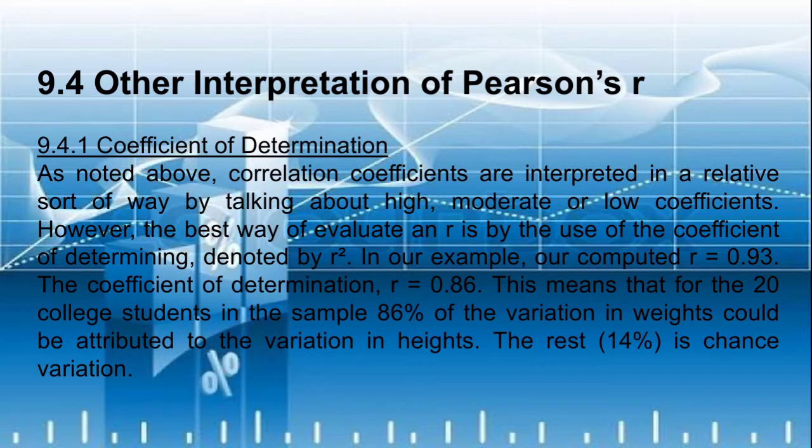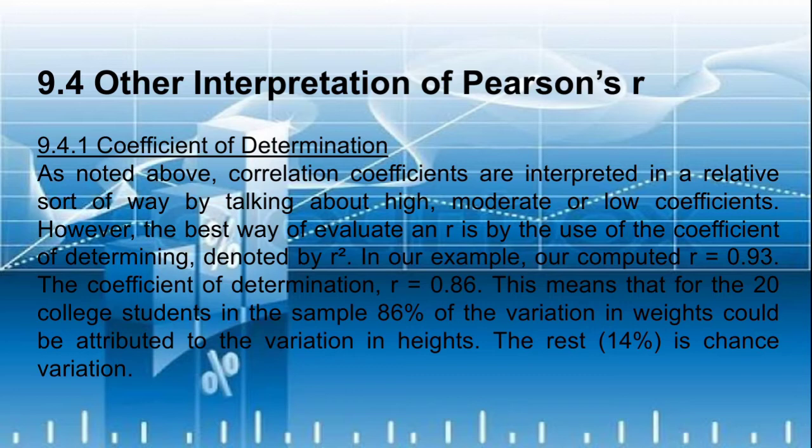This means that as the height increases, the weight also increases, and vice versa. Next, the other interpretation of Pearson's R: the coefficient of determination. The coefficient of determination, R squared, measures how well a statistical model predicts an outcome. The outcome is represented by the model's dependent variable.